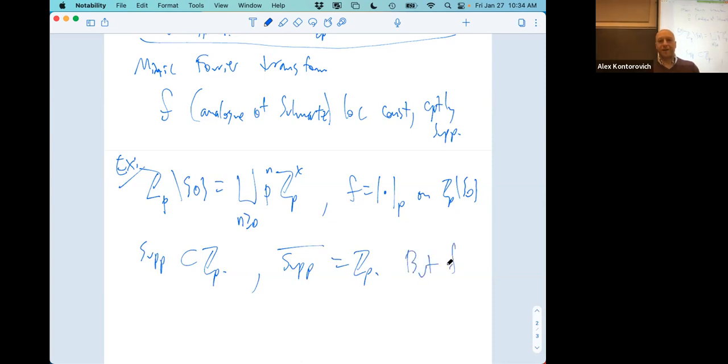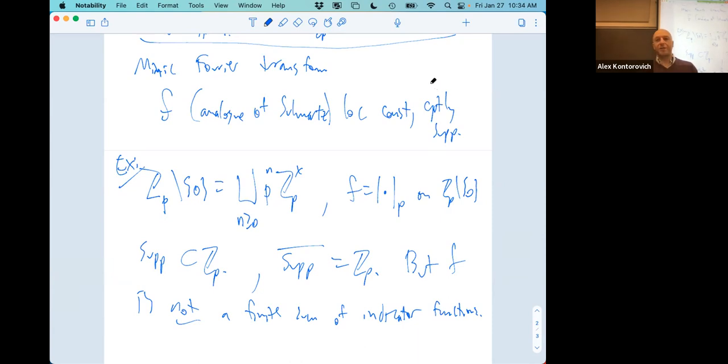But f is not a finite sum of indicator functions. How is it that we could represent indicator functions? Well, what I was saying last time is, if the support, okay, so then I really am talking about the support.